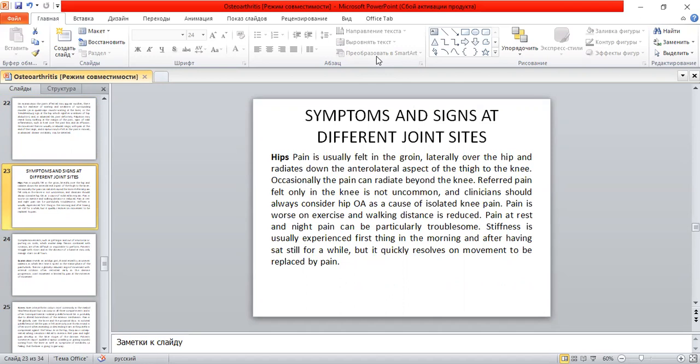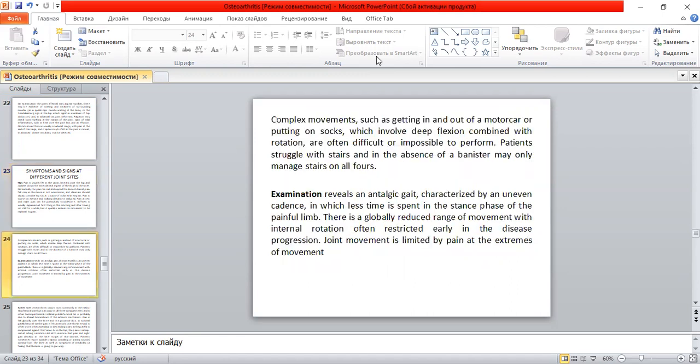Pain is worse on exercise and walking distance is reduced. Pain at rest and night pain can be particularly troublesome. Stiffness is usually experienced first thing in the morning and after having sat still for a while, but it quickly resolves on movement to be replaced by pain.